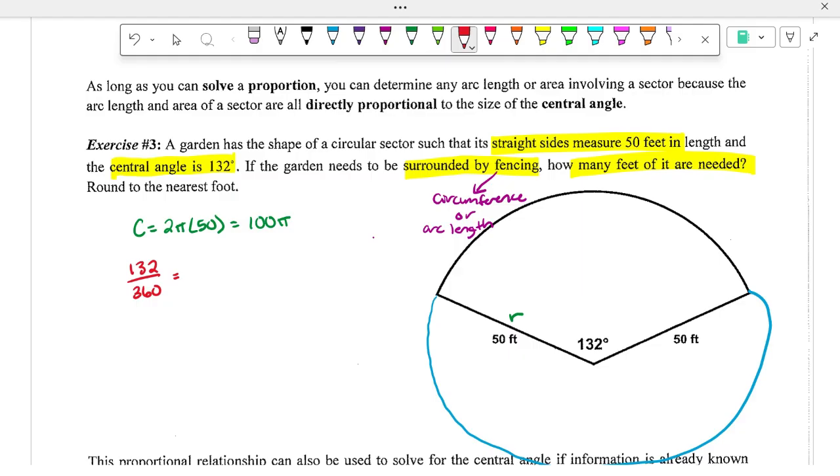You could do it in your calculator. Just do 1, over, give me a second, please. 11 over 30. So this is how much of the circumference we want.